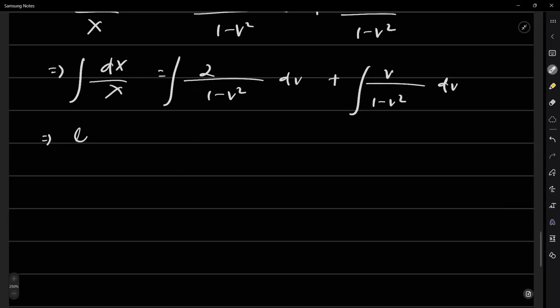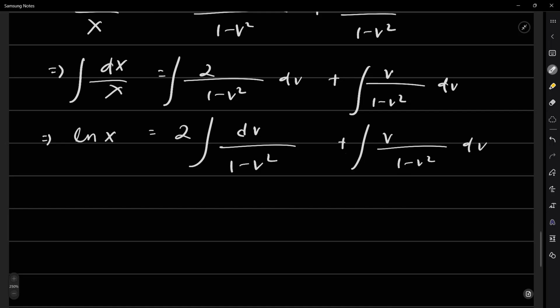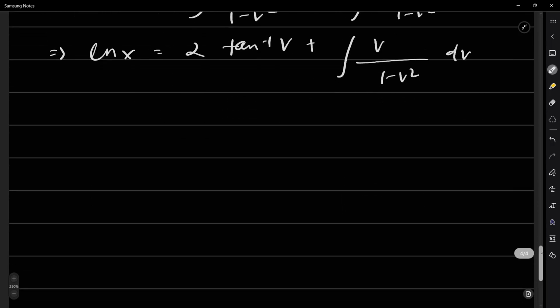It becomes ln x, and we know that constants cannot be integrated if there are variables, so it becomes dv by 1 minus v square plus v by 1 minus v square into dv. So the solution becomes 2 into tan inverse v, as the derivative of tan inverse v is 1 by 1 minus v square, and the integration of v by 1 minus v square dv. So how do we solve this?